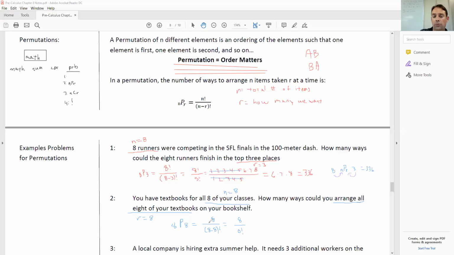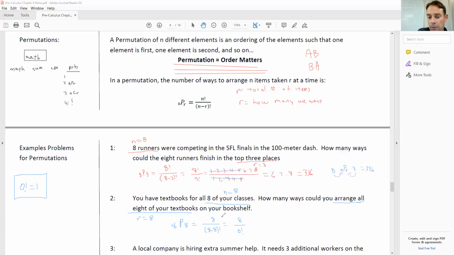So how many ways can you arrange nothing? Well, you have one way to arrange nothing, and that is nothing. So by definition, we say that 0 factorial is always equal to 1.